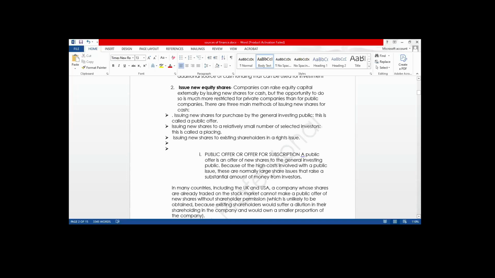And usually, companies will go to public offer if the amount of money involved is substantial.